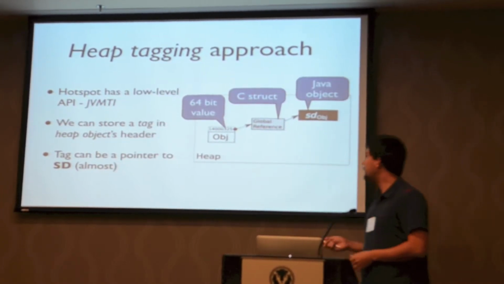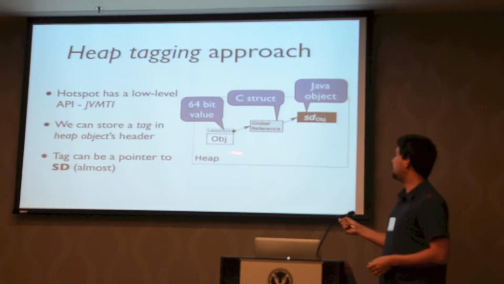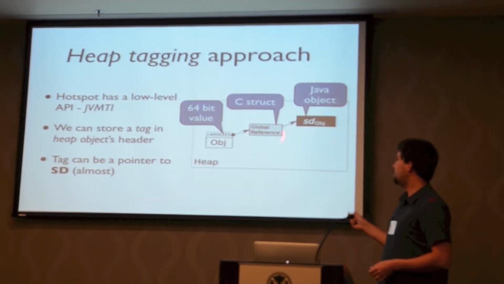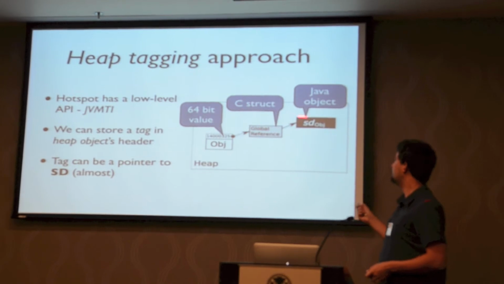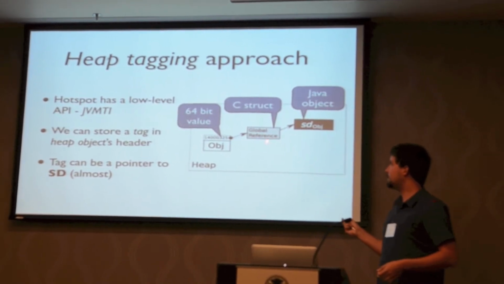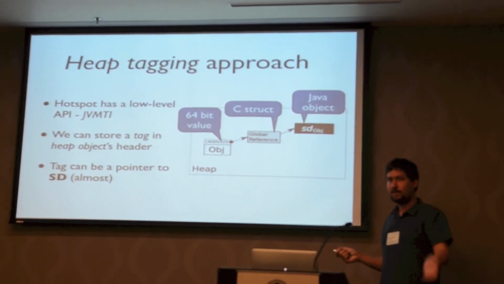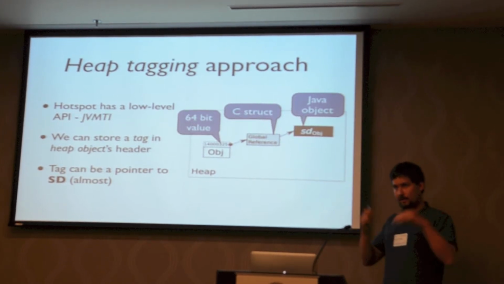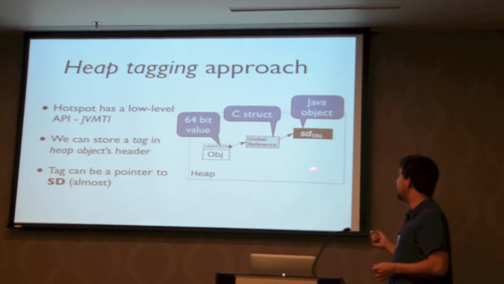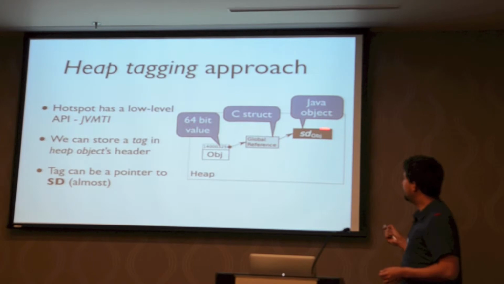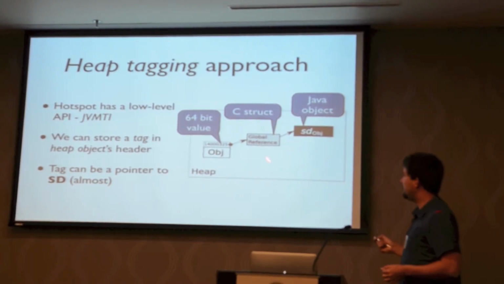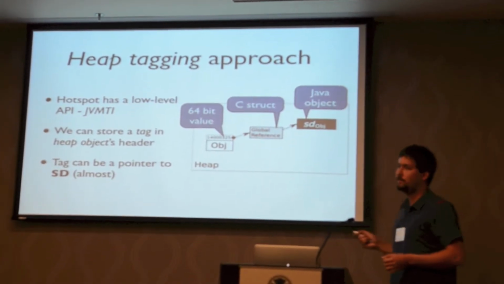So you can see here that there is the object. It's storing the tag, which is a pointer to the global reference, which is this global reference, I might add, is a garbage collection root. It is really a data structure inside of the JVM, and it's basically pointing to the shadow data object, and it's keeping track of it even if this moves because of the garbage collection.